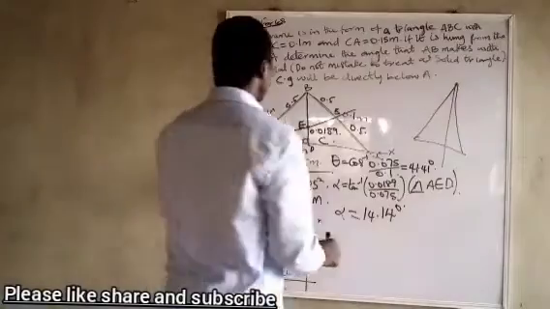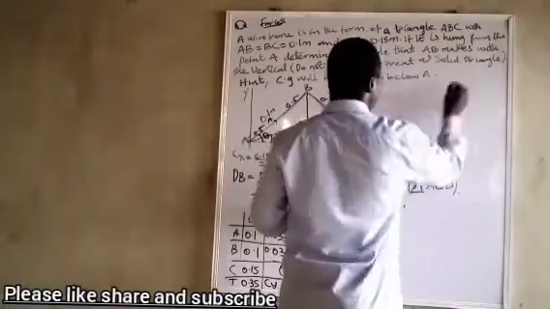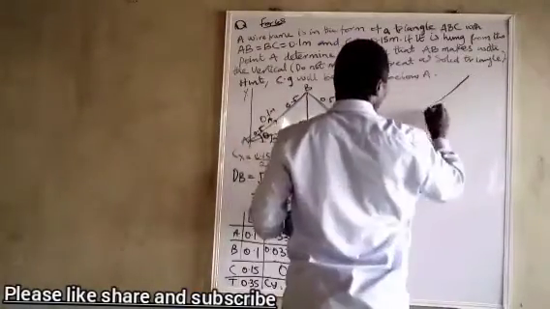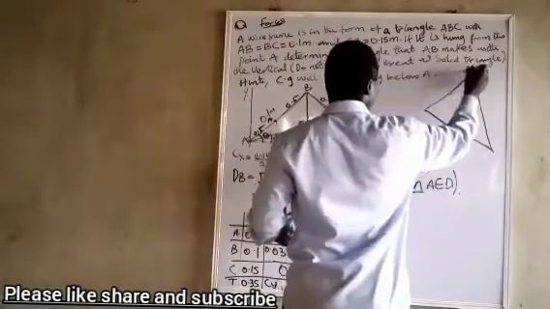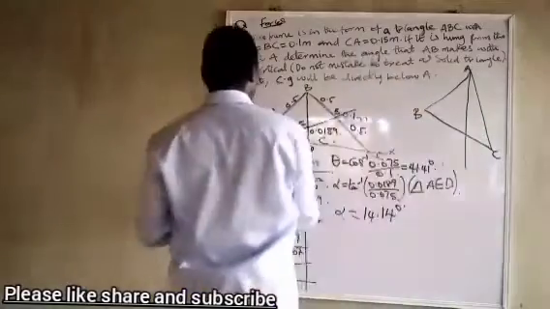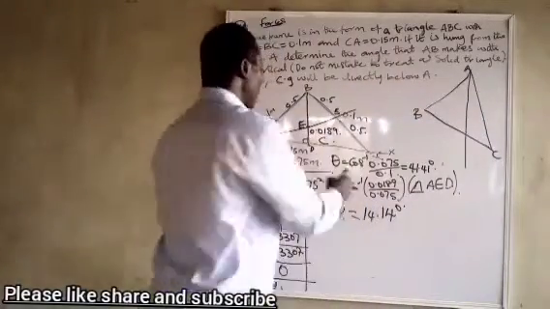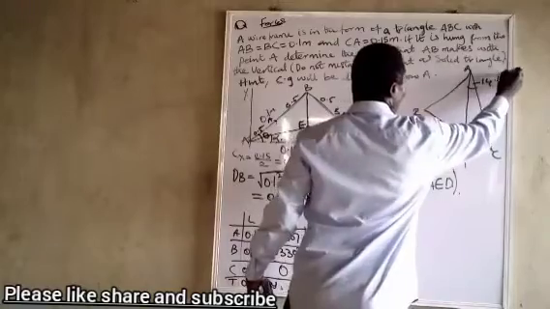So which means that if I should leave it and it comes down, I'm going to have something like this: A, B, and C. If you look at it, AC, the angle from A to C, the portion is 14.14 degrees.